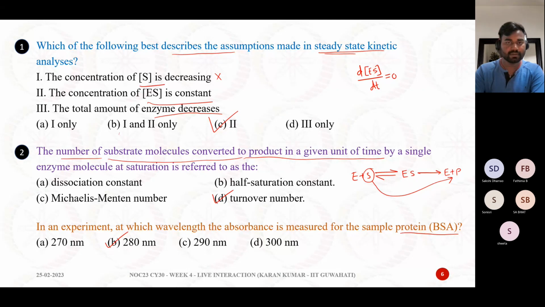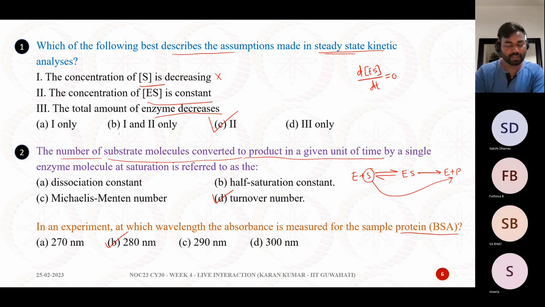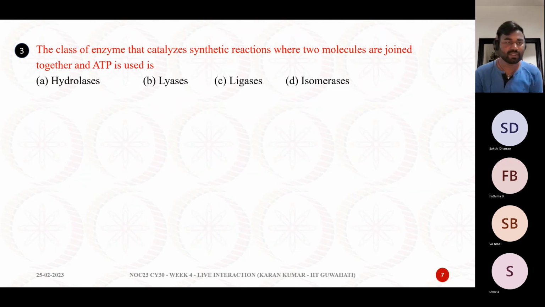Due to the presence of aromatic ring, tryptophan. Yeah, aromatic ring. Due to the presence of the pi aromatic ring, and that is present in tryptophan, tyrosine, and phenylalanine. Because BSA also contains tryptophan moiety, and this tryptophan is able to absorb UV light at 280 nanometer.